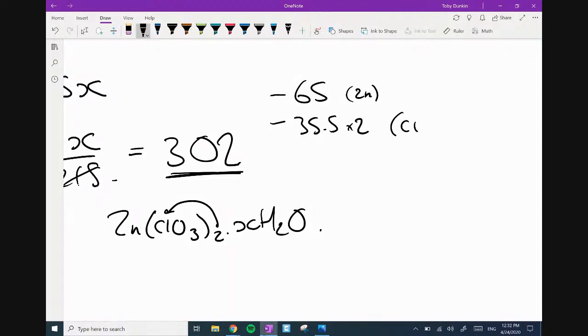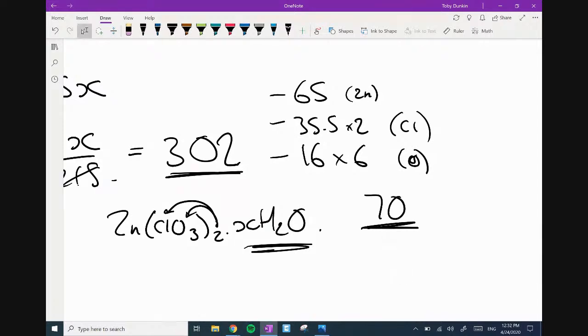And then we're going to go 16 oxygen times 6. There go all the oxygens. The only thing left will be water. So 302 minus 65 minus 71 minus 16 times 6. Go. I get 70. So all that's left.